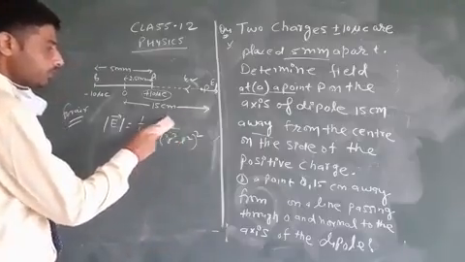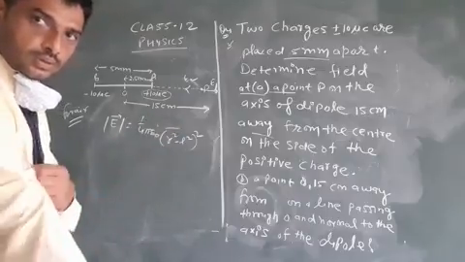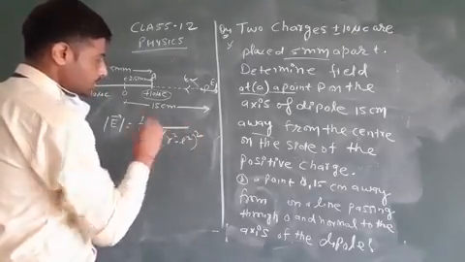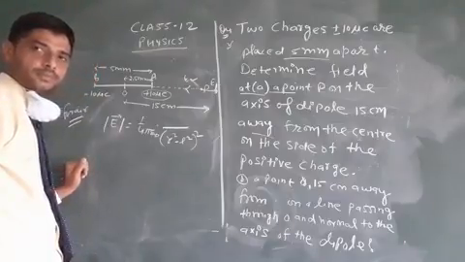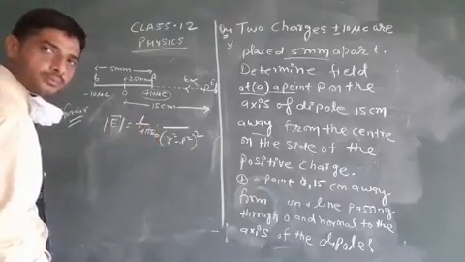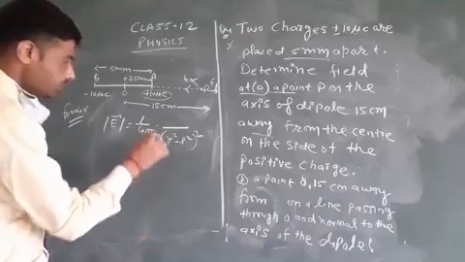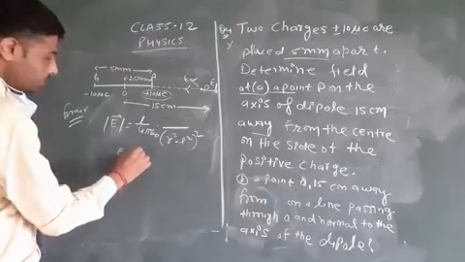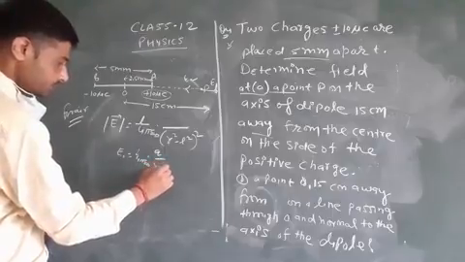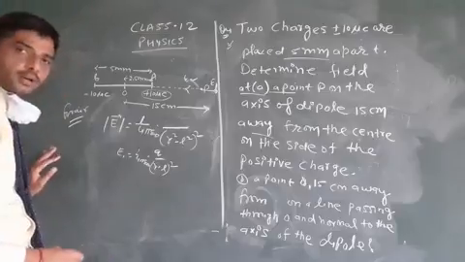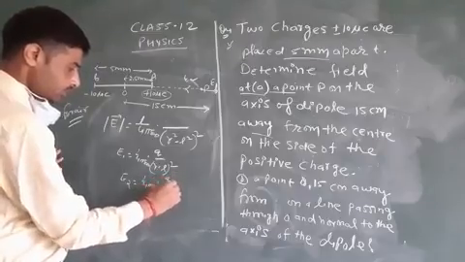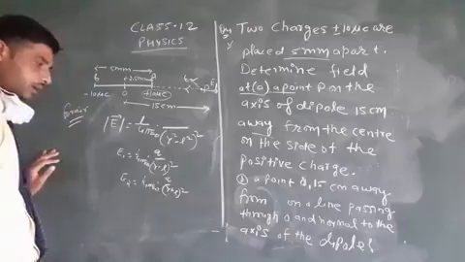Initially, what is the basic formula? E1 is equal to 1 upon 4 pi epsilon naught Q upon (R minus L) whole square, and E2 is equal to 1 upon 4 pi epsilon naught Q upon (R plus L) square.